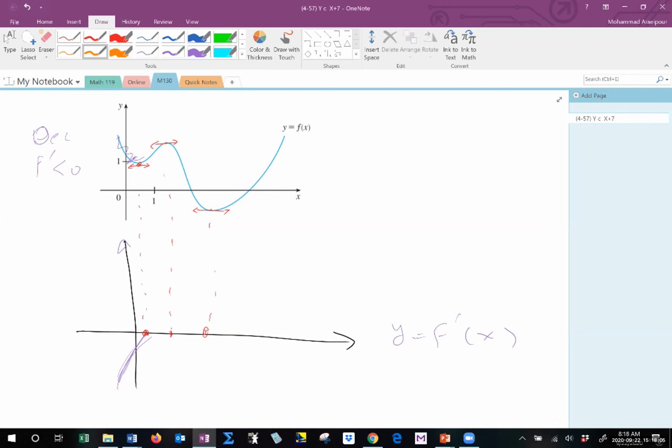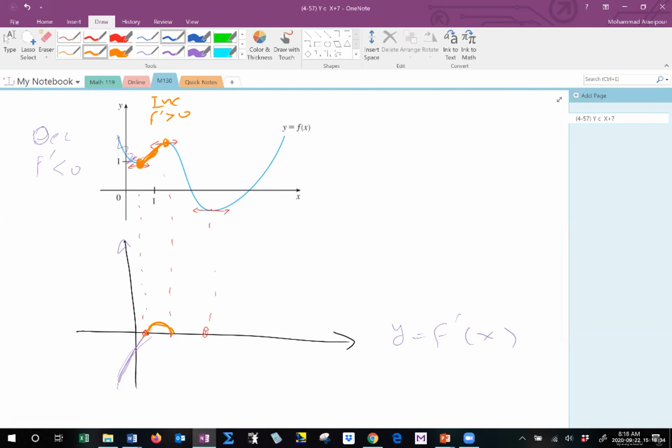If you look at this portion, class, from here to here, okay, this is increasing and f prime is positive. So it has to come back up. But what happens, it has to go back down at some point wherever you see the 0. So from this point, look at this point versus this point. Those 2 points, they give us 0. So it goes up and it has to come back down.